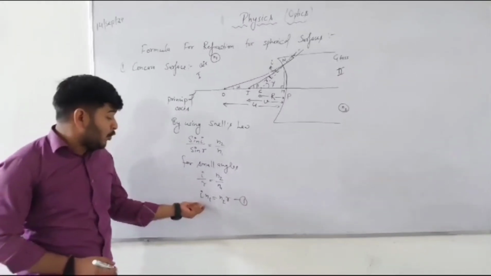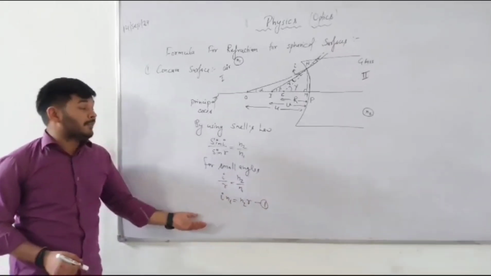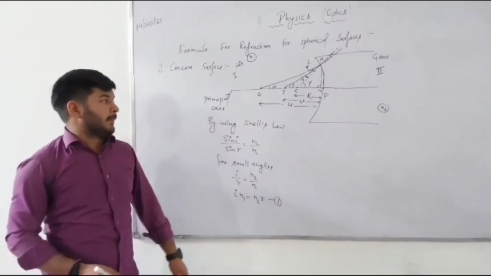Here we have two variables, the incident angle and the refracted angle. Now we are going to find the values of the incident angle and the refracted angle with the help of this diagram.